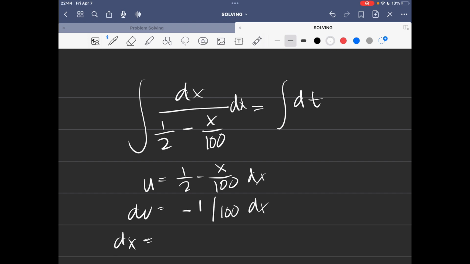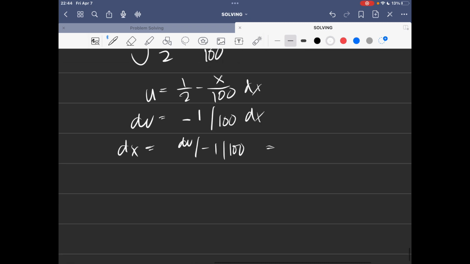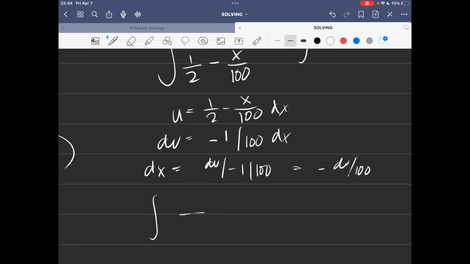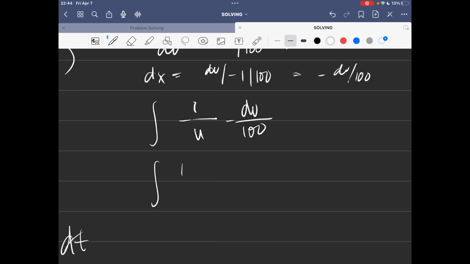So dx is negative 100 du. So our equation becomes 1 over u times negative 100 du, which is negative 100 over u.